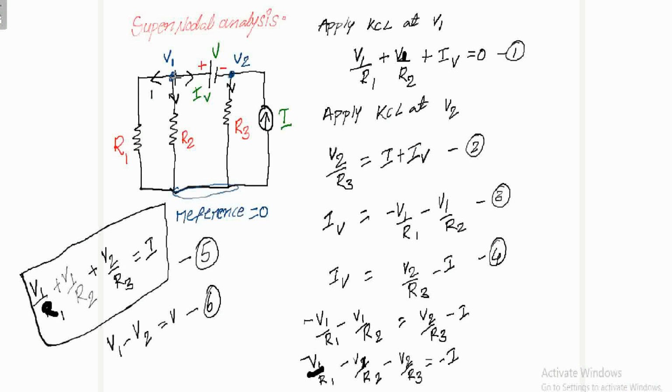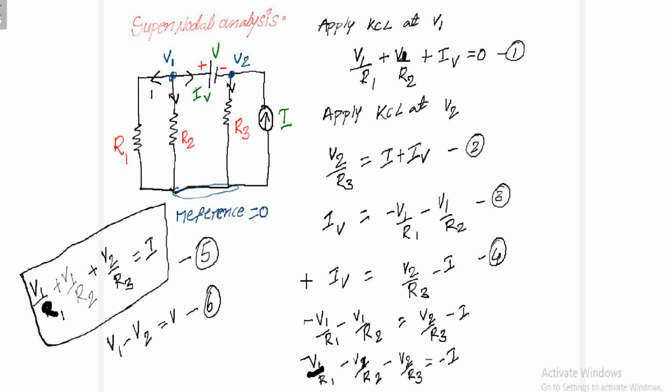Here you are having a voltage source between V1 and V2. Whenever you find a voltage source between the two nodes, for getting this final equation, just remove that voltage source and replace it with a simple wire.